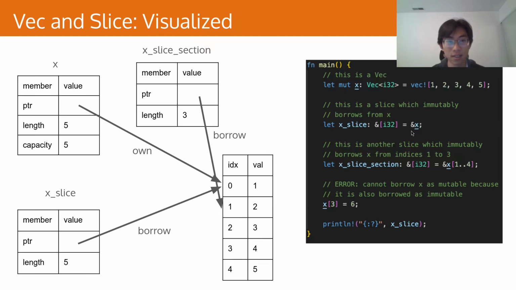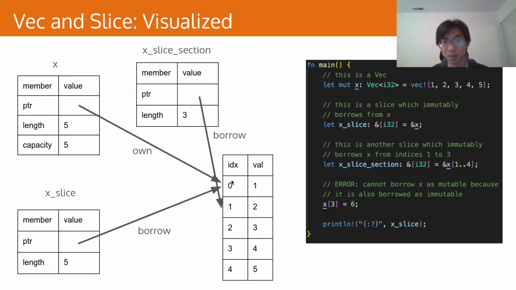When we have x slice, the slice stores a pointer to where the memory it's pointing at is, and also how many elements it can access, like the length of the slice, basically. And here, since x slice is borrowing the entirety of x, the pointer points towards the beginning of the memory that x owns, and we store that it has length 5 because x has length 5.